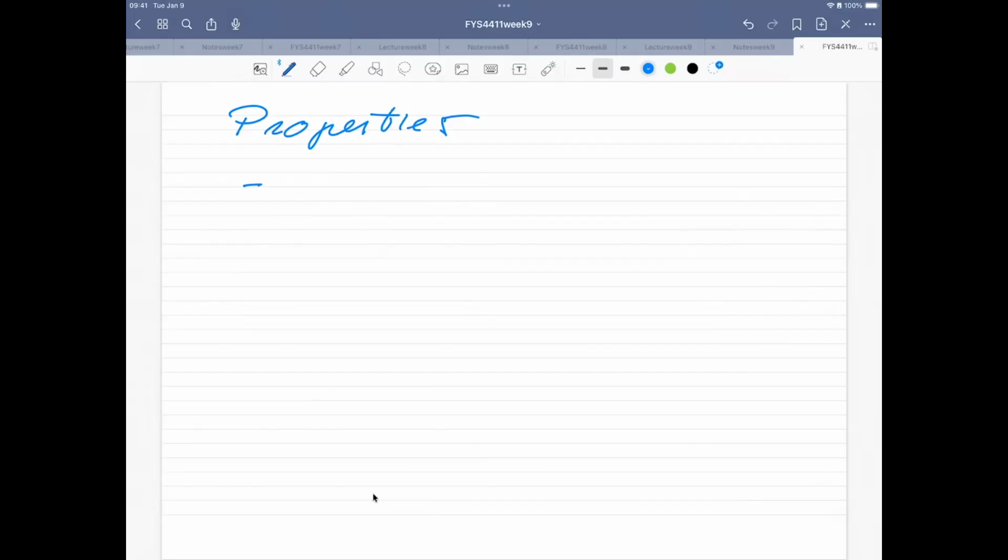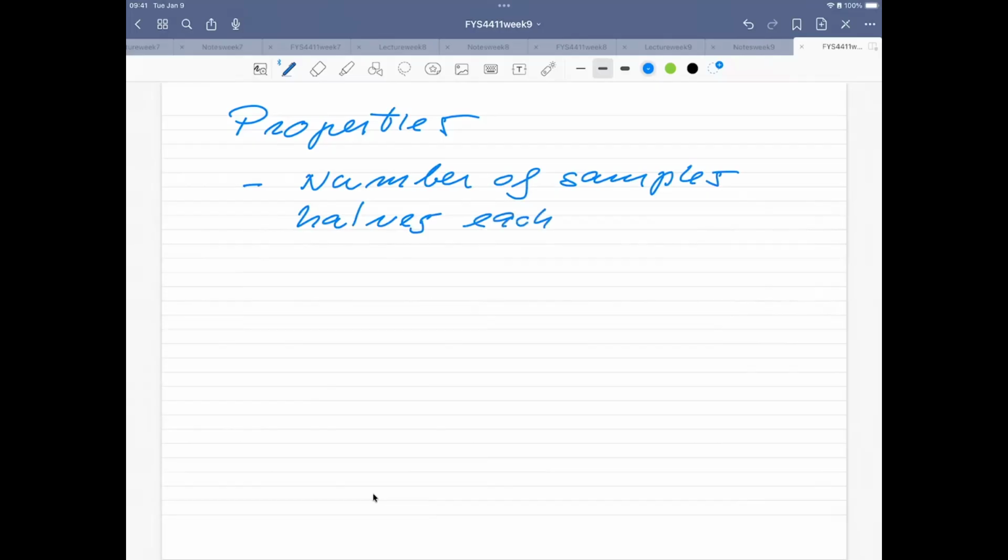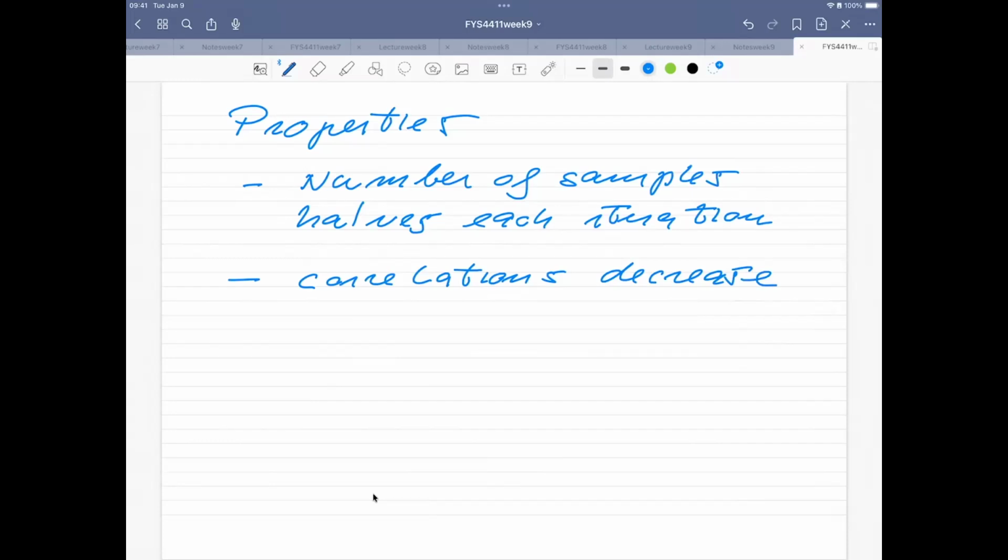The properties are that the number of samples halves each iteration, and the correlation decreases with blocking level.